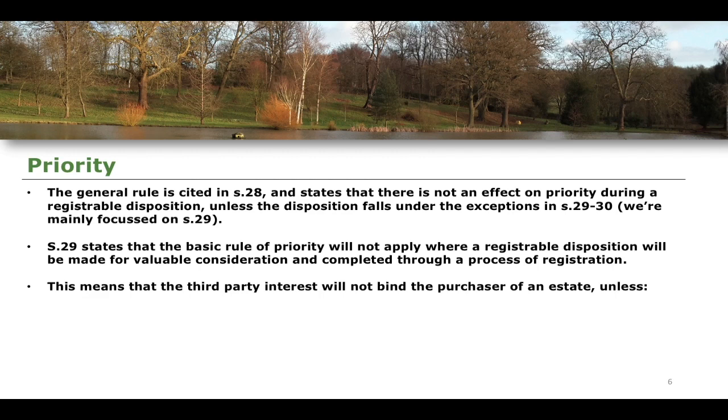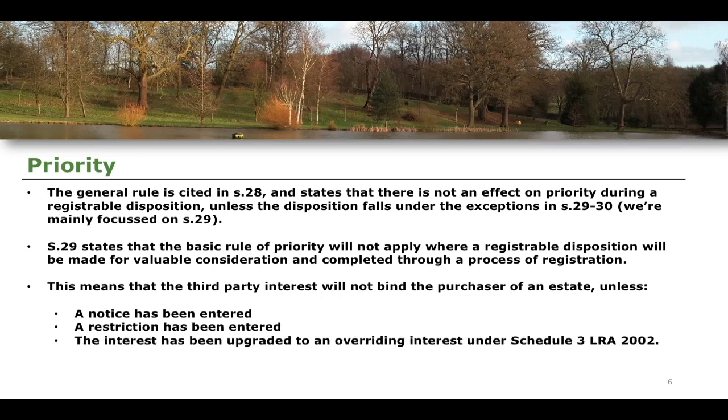This means that a purchaser will not be bound by the third-party interests which would have been bound under section 28, unless a notice has been entered, a restriction has been entered, or the interest has been upgraded to something known as an overriding interest, which we will see in Schedule 3 of the Land Registration Act.